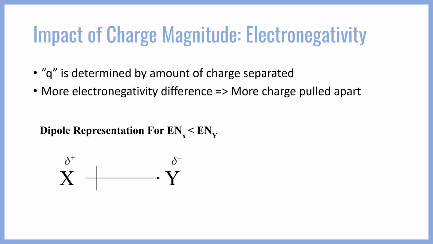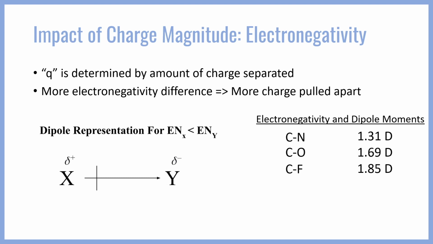And we can look at some real data to corroborate this relationship between electronegativity and dipole moment. So, for example, if we look at some carbon-nonmetal bonds, we're going to look at the electronegativity as it increases from the nonmetal and how the dipole moment changes. On the left, we have three bonds, carbon-nitrogen, carbon-oxygen, and carbon-fluorine, where the electronegativity of the nonmetal is increasing down this column, right?